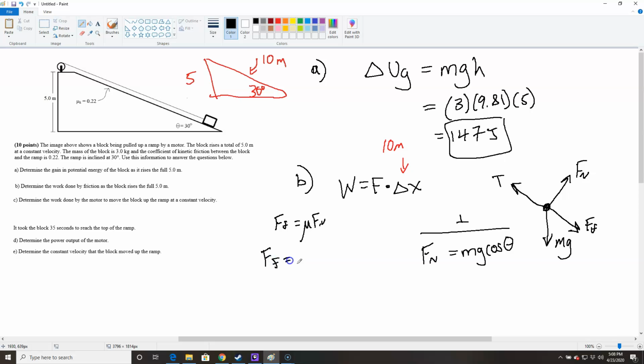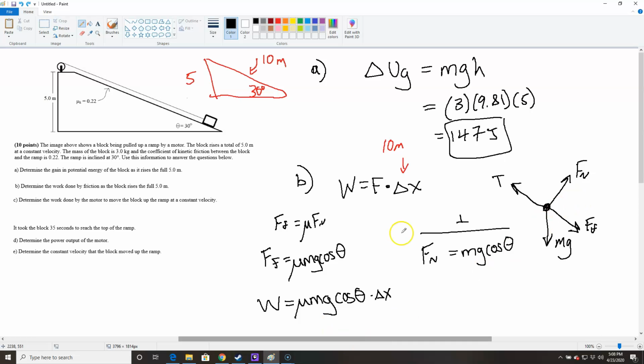So the force of friction would be mu mg cosine theta. Therefore, the work done would be mu mg cosine theta delta x. Now, mind you, theta is the angle of 30 degrees here on the ramp. Don't confuse theta thinking that it's this angle here.